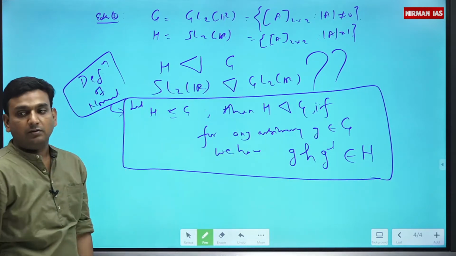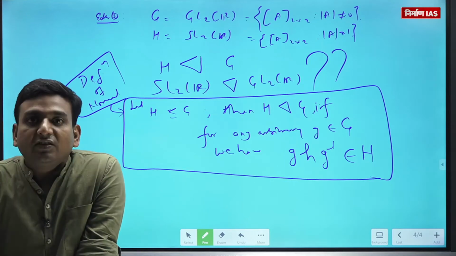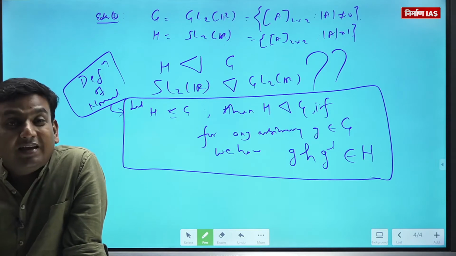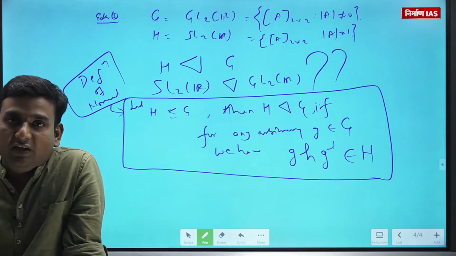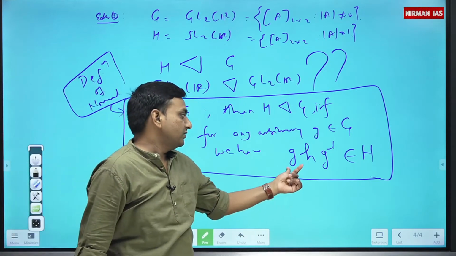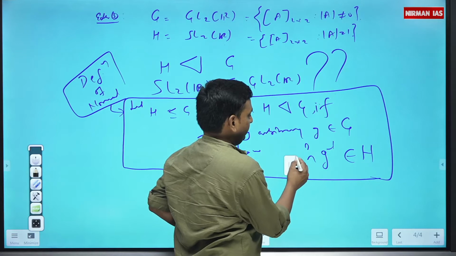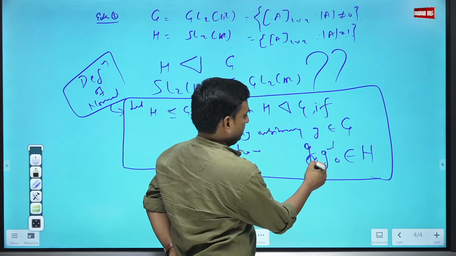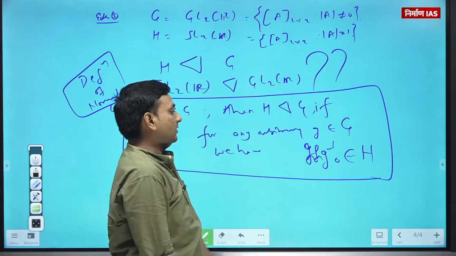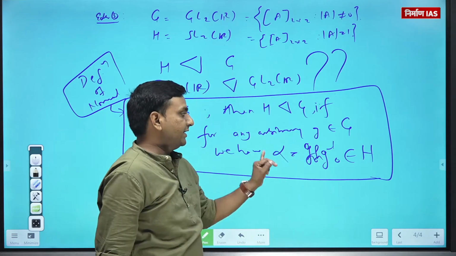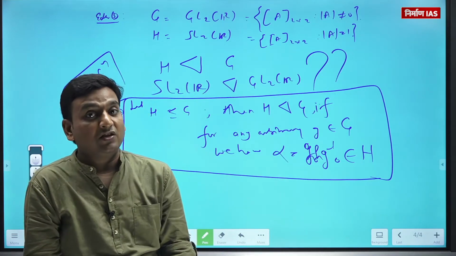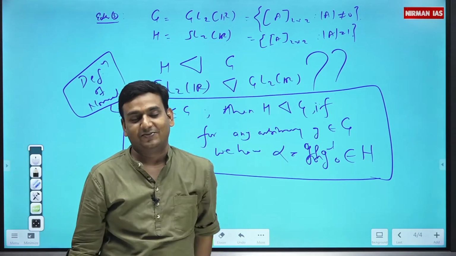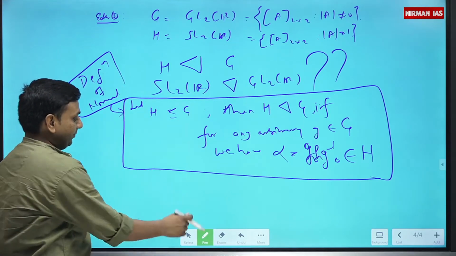Remember this definition? What I am saying is, H is a normal subgroup of G if for any arbitrary element small g of G, I compose g with h and then with g inverse, giving some element alpha, then that alpha must be in capital H. Then only H will be a normal subgroup of capital G, otherwise no. Is that fine? So should I apply this definition now?